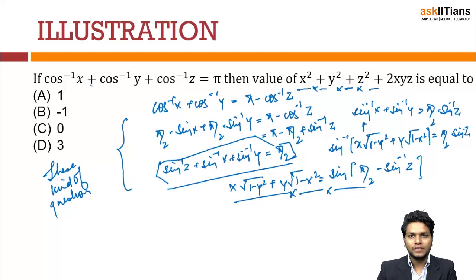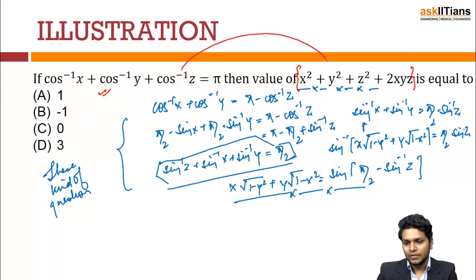See, we started off with 3 variables, but we knew that we need to end up with a relation on those variables which will somehow look like this: x square plus y square plus z square plus 2xyz. So my whole aim must be towards finding a proper relation which can somehow very easily convert this into this format, and if not, I can use some of the properties in order to get towards this.